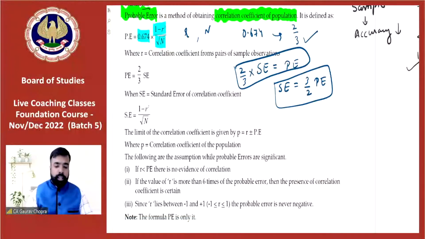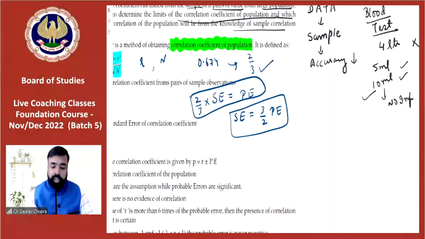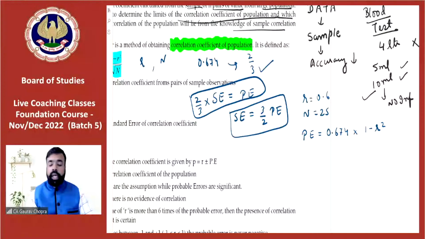Now let us take some figures. If correlation is 0.6, n is 25, and we want to find the probable error. According to the formula, 0.674 multiplied by (1 minus r square) upon root of n.